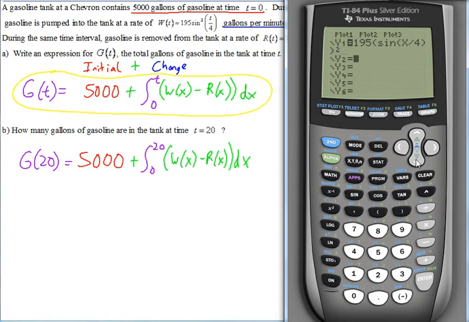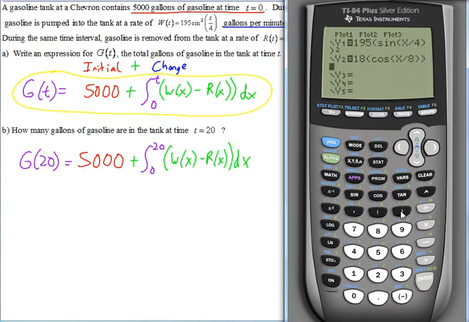And then for y2, the rate it's being removed from the tank. That's 18, and open parentheses, because that whole cosine is being squared. So cosine, we'll just use x instead of t, x over 8, squared. Oops, I forgot another parenthesis there.